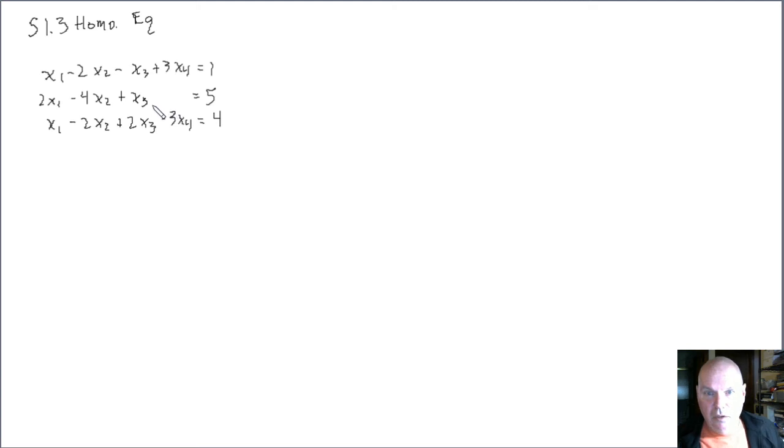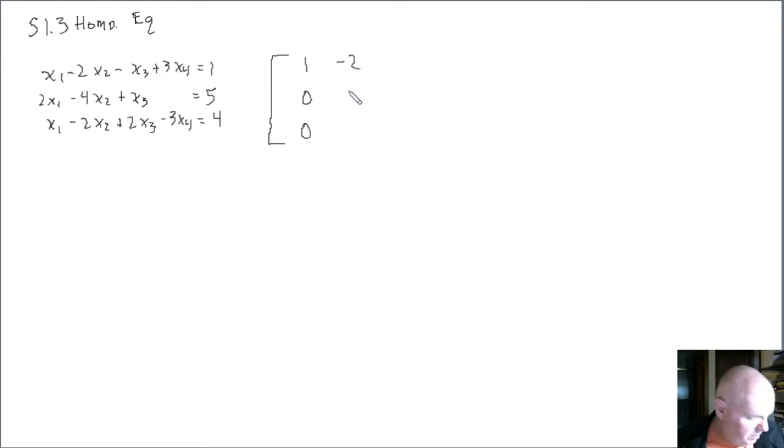So we describe this as a 3x4 system, 3 equations and 4 unknowns. We went through the process previously of applying a series of elementary matrix operations, and that enables us to reduce the corresponding augmented matrix to reduced row echelon form.